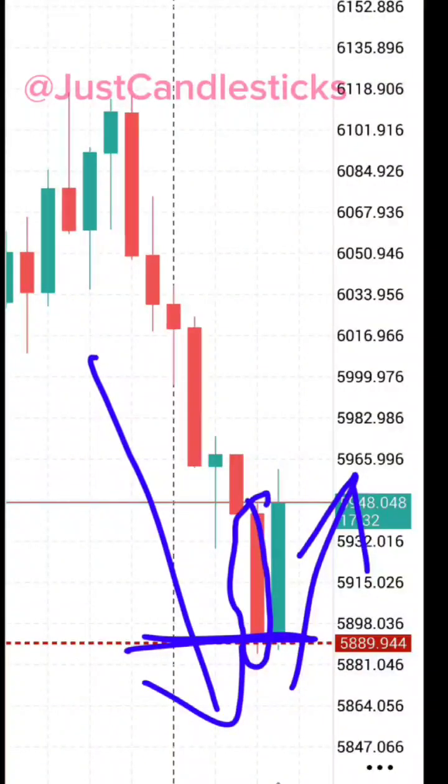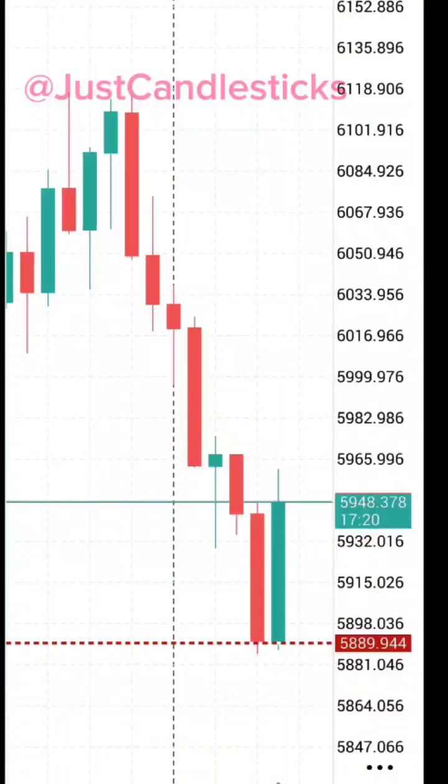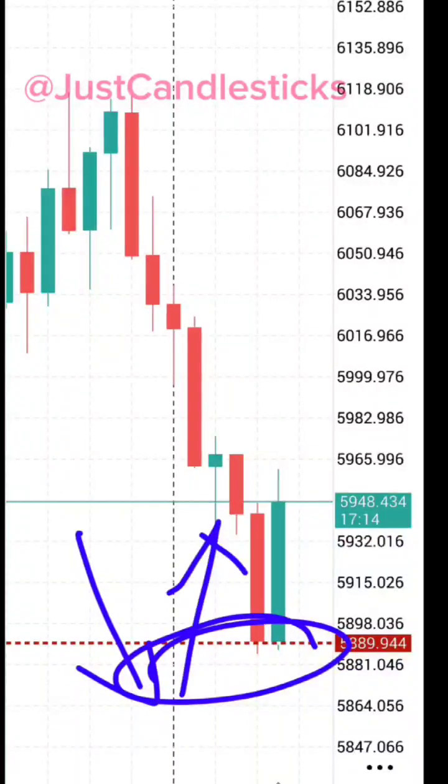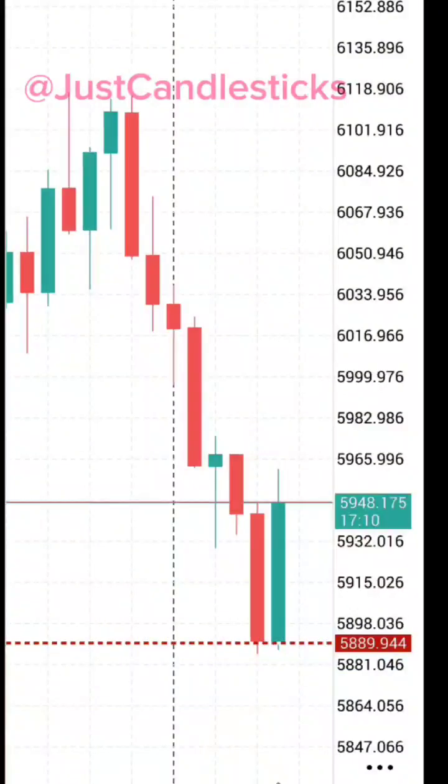But based on the candlestick anatomy, like I talk about it, just candlestick, I know that this market is going to pull back, because one out of the three things the market can do around here is that the market could break here, the market could pull back, and the market could consolidate. Okay, one. But I already knew the market is going to buy here.